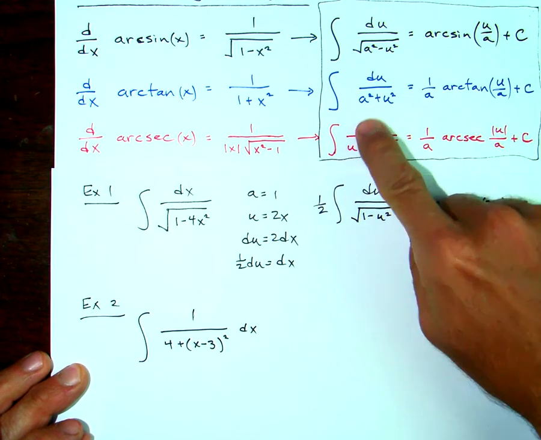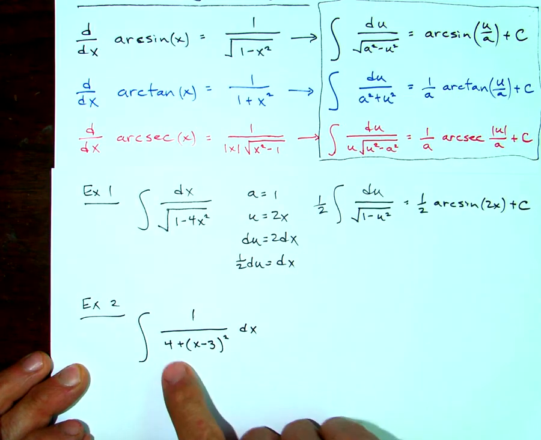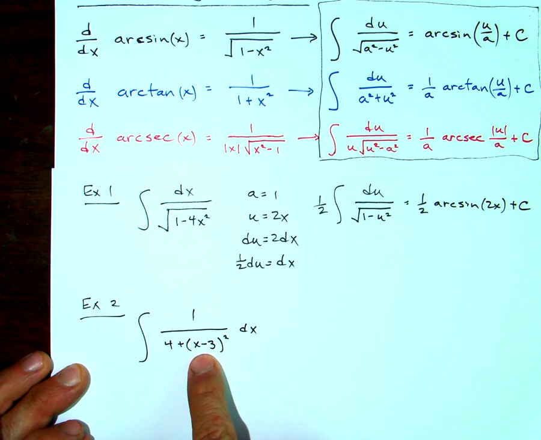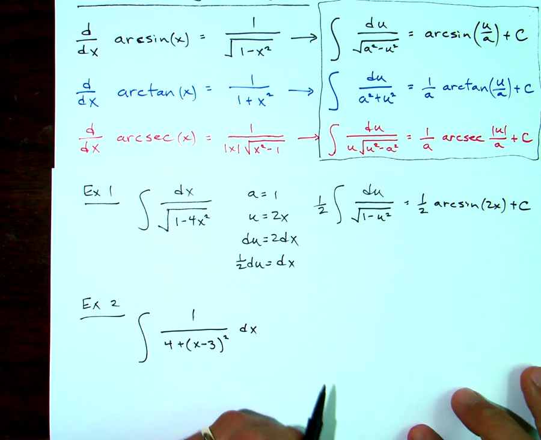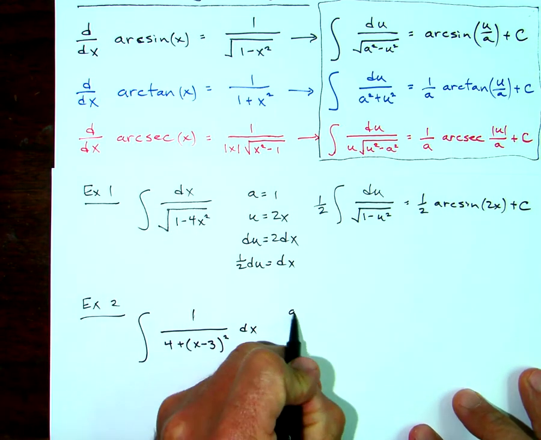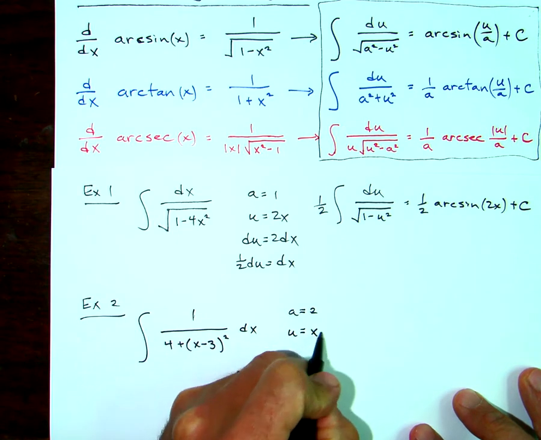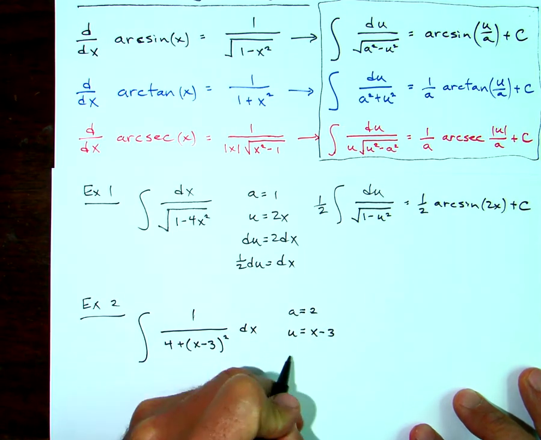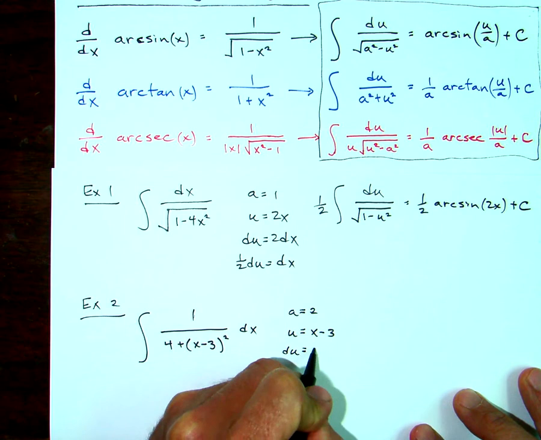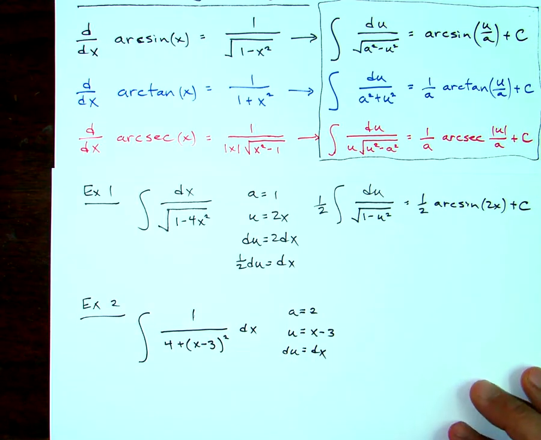And I've got something squared plus something squared. Well, I can think of this as 2 squared, and this is x minus 3 squared. So let's let a equal 2, and u equals x minus 3. So du is just going to be dx. Now we rewrite it.